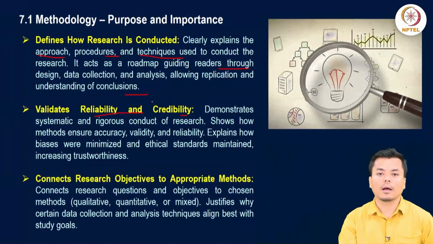To have reliability and credibility in your work, this chapter holds immense prominence. It demonstrates systematic and rigorous conduct of research. It shows how methods ensure accuracy, validity and reliability, and explains how biases were minimized and ethical standards maintained, increasing the trustworthiness of the methods that you have used in your research.